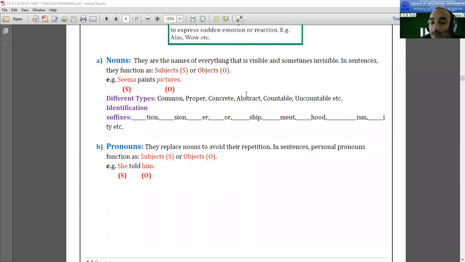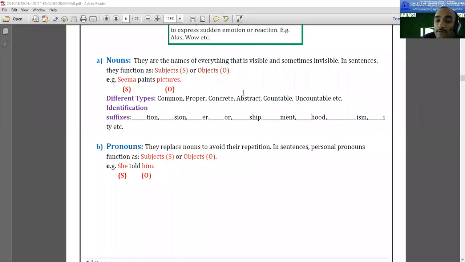Abstract noun म्हणजे काय? Whatever things are there which cannot be identified with physical existence. आता ideas, whatever ideas in our mind, those are called abstract; they are not physical. आपण काय डोळ्यांनी बघू शकत नाही.